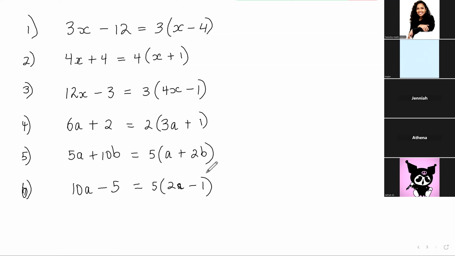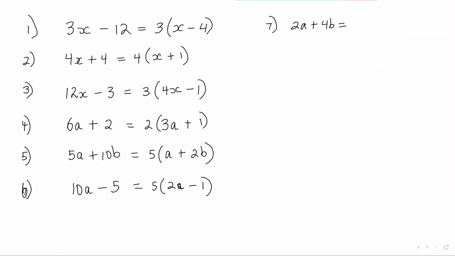That's right. Okay, Janaya. What about 2a plus 4b? It will be 2, brackets a plus 2b. Yeah. Good.